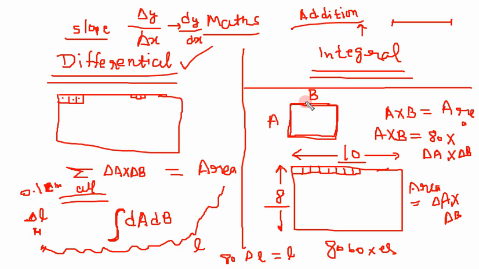So we can simply multiply 80 into 0.1 centimeter, that means 8 centimeter. The length of this line is 8 centimeter.